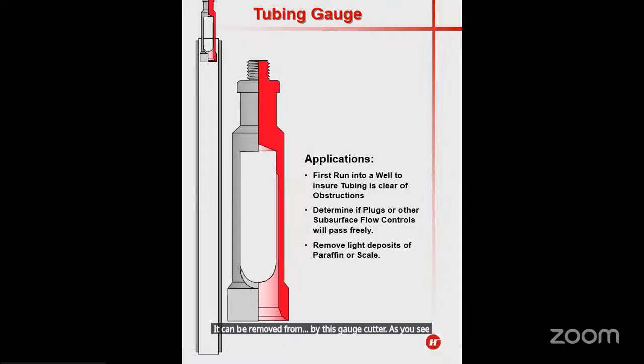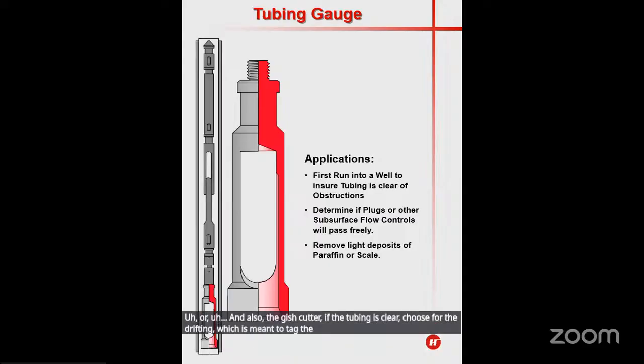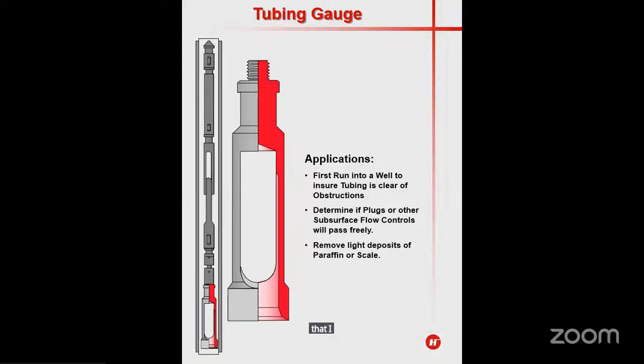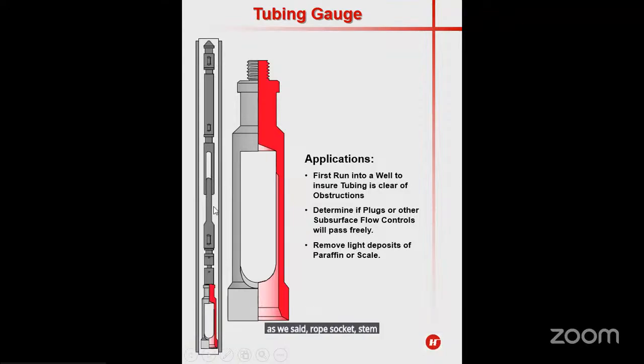The gauge cutter will go down the well to remove any scale or wax. Also, if the tubing is clear, it is used for drifting, which is meant to tag the tubing accessory, to be sure that I can reach the tubing accessories without any obstruction, which is called drifting or tagging. By the way, the commonly used PHA is the rope socket, stem bar, mechanical jar, knuckle joint, and so on.